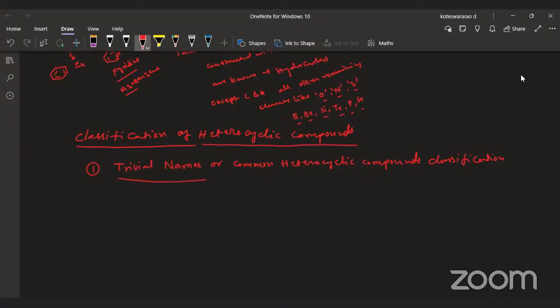It is the oldest classification. Here, the heterocyclic compounds are classified based on the source of the compound.